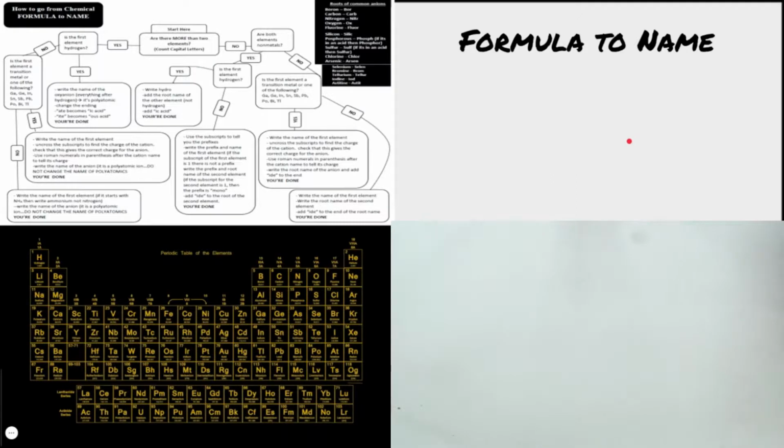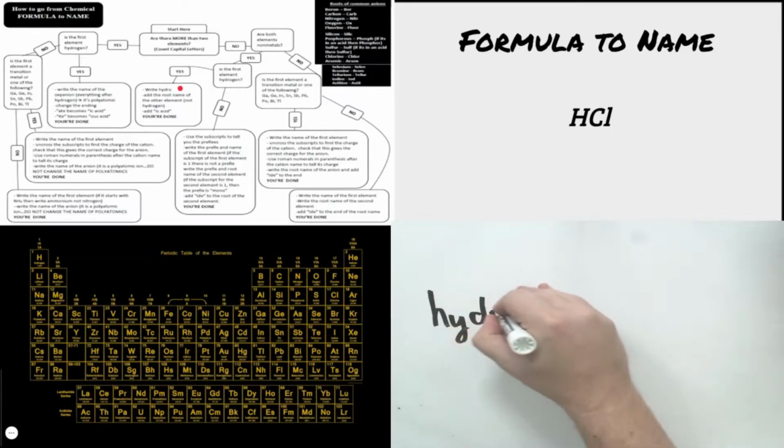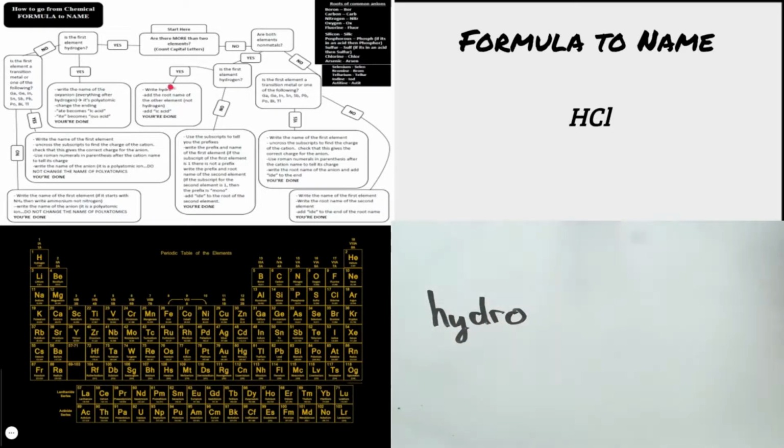A few more examples. All right. HCl. Are there more than 2 elements? No. Are they both nonmetals? Yes. Is the first element hydrogen? Yes. So I'm going to write hydro. All right. And then I'm going to add the root name of the other element.